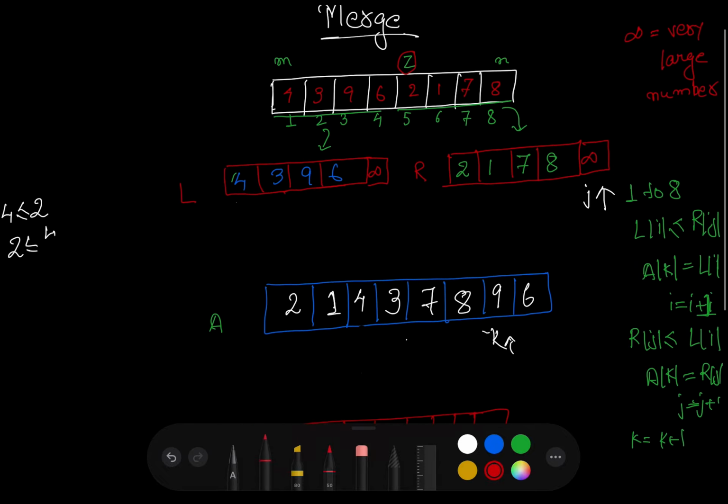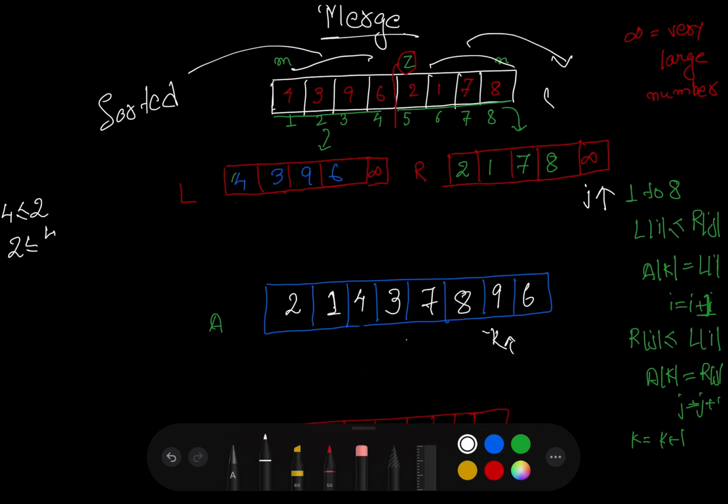Now what I will assume, since I divided it into the middle part, I will assume this particular part is sorted in ascending order, and this particular part is sorted. Individually both are sorted. Okay. Let's assume both are sorted.